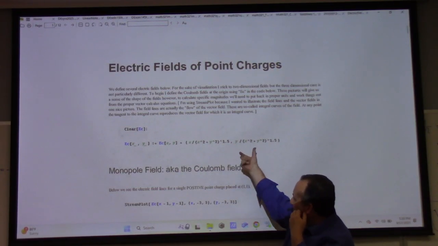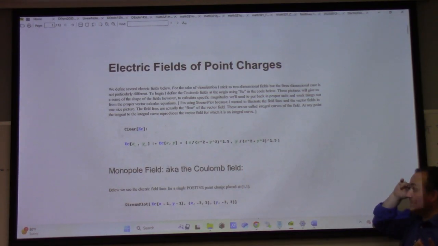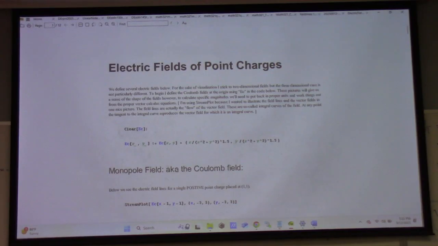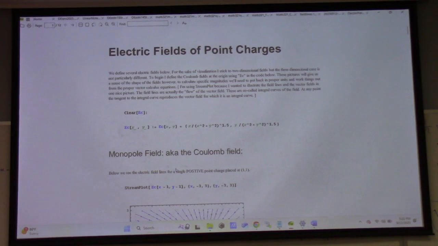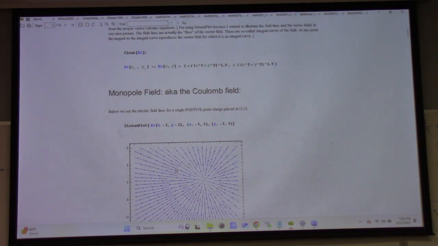This is like r divided by r cubed, basically. That one puts it at the origin, I think, although in my picture down here, you notice what I did? I put the charge at 1, 1. That's what it looks like. There you go. That's the Coulomb field.